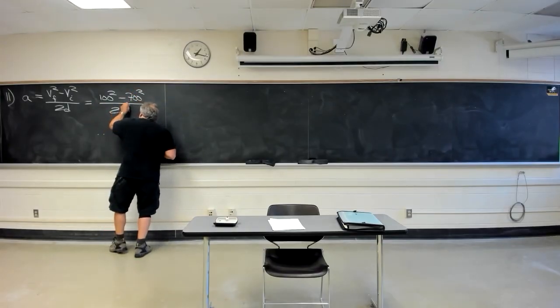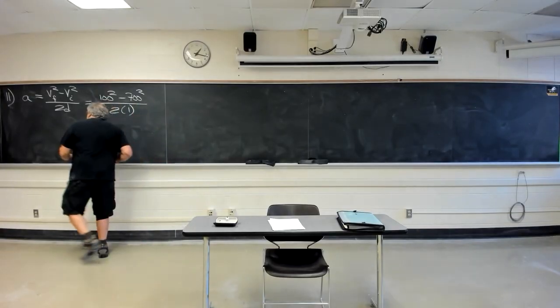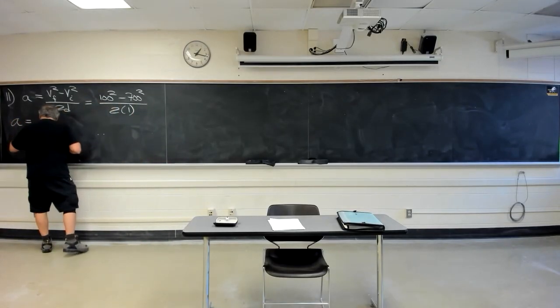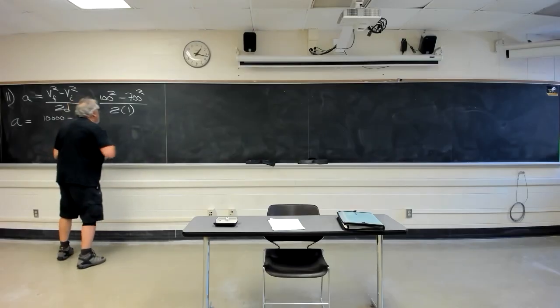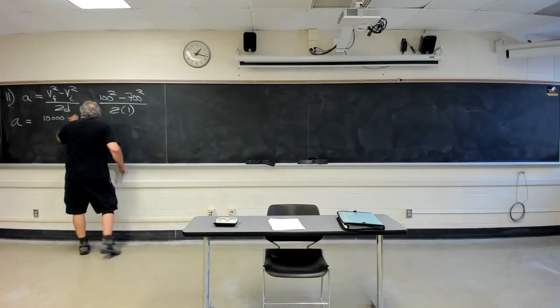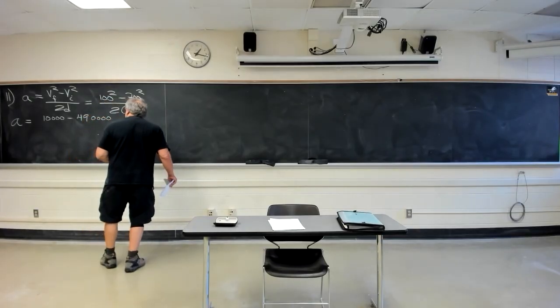The distance is 1 meter thick. We're keeping this in the MKS system of units. As this proceeds, you square the 100, you get 10,000. You square the 700, you get 49 followed by 4 zeros. So it's quite the situation.